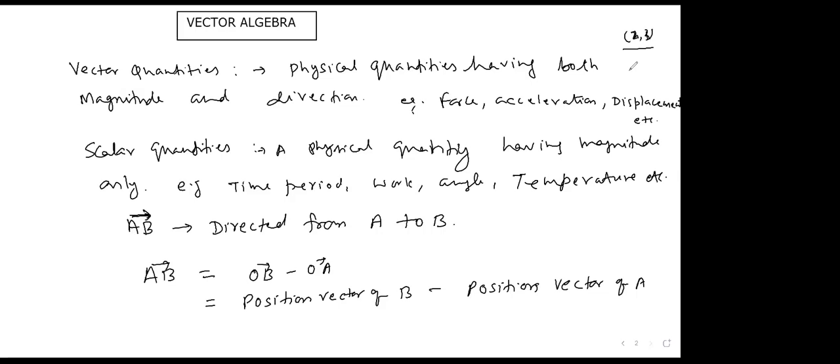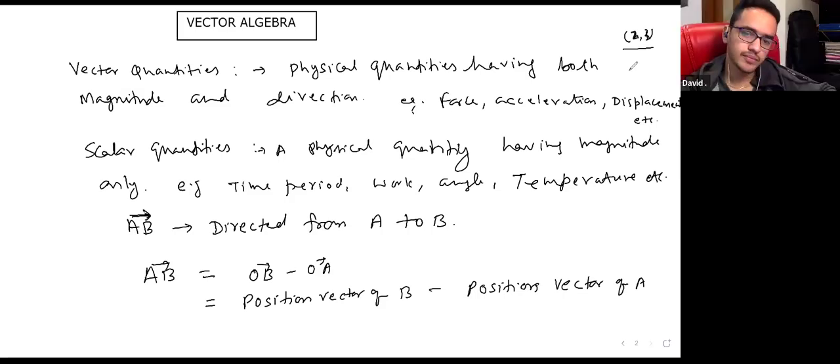Similarly, in vectors, AB vector is OB minus OA. That means the position vector of B, the coordinate itself, the location, the address, minus the position vector of A.